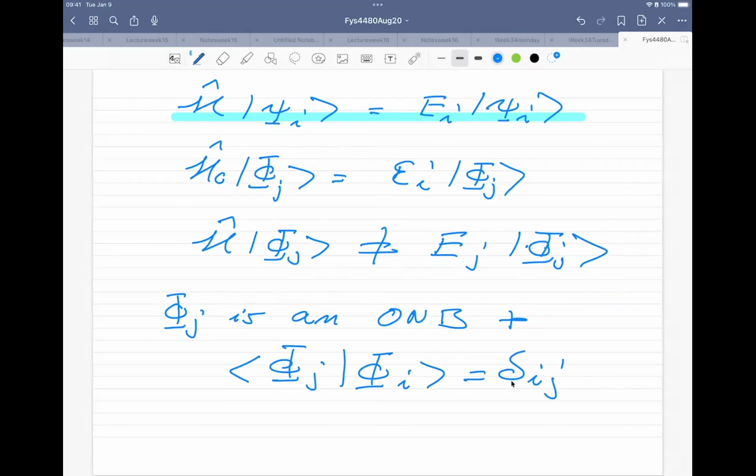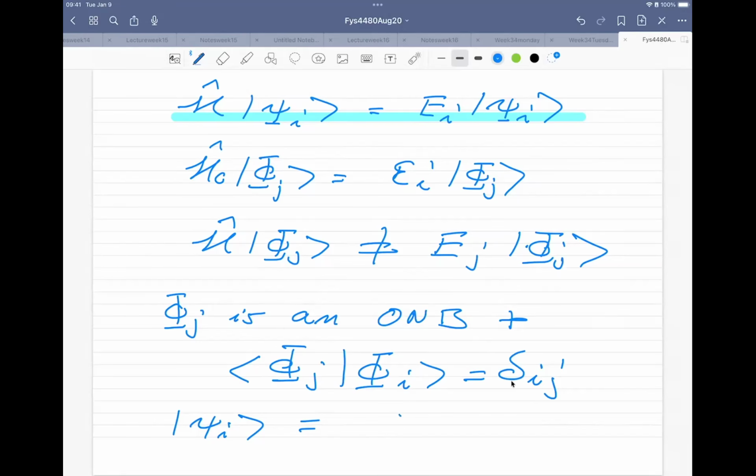And then since this is a complete orthogonal normalized basis, we can expand this psi of i in this basis. In principle, if you think of the harmonic oscillator, for those of you who have studied quantum mechanics, this is an infinite basis of bound states. The same applies to the hydrogen atom. So it's an infinite bound basis. I'll come back to what I mean with that.